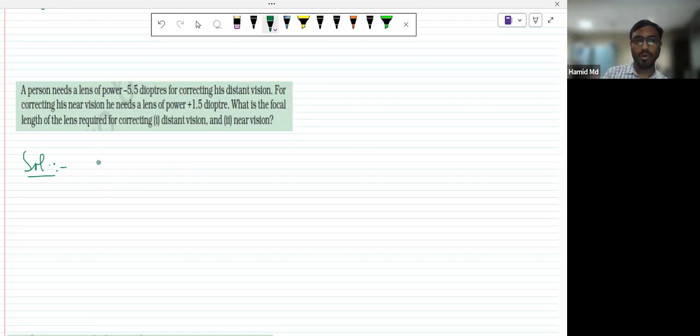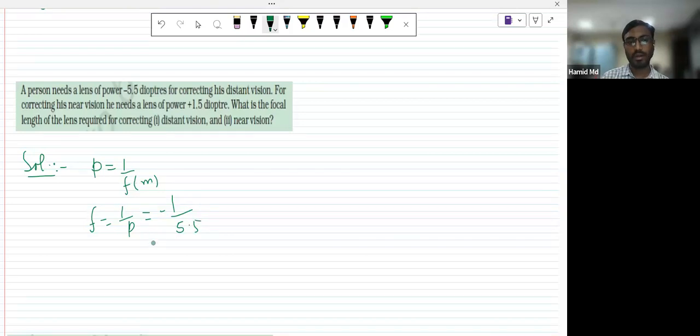So what is the formula for power? P equals 1 by F, with F in meters. Always keep in mind, in meters. So focal length will be 1 by P, which is minus 1 over 5.5, equals minus 10 upon 55, after converting the decimal. After solving, it is minus 2 by 11.